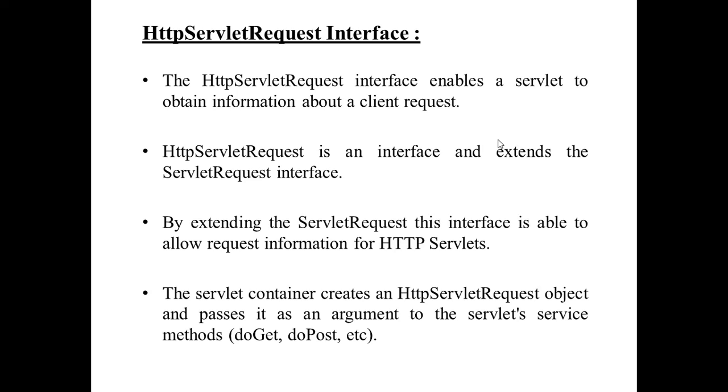By extending the servlet request, this interface is able to allow request information for HTTP servlets. The servlet container creates an HTTP servlet request object and passes it as an argument to the servlet's service method. Means the HTTP servlet request object is passed as an argument to the service method or doGet method.